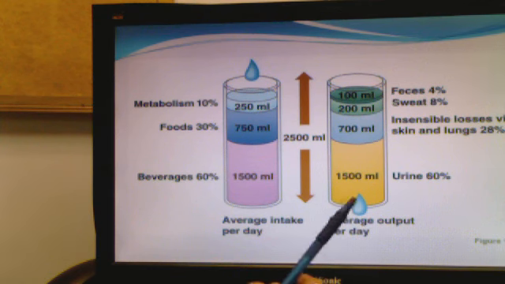But if we have too much water, then the kidneys will basically filter, not reabsorb, and even secrete water and make our urine diluted. So the kidneys are able to dilute and concentrate urine depending on how much water we need or how much water we need to get rid of.